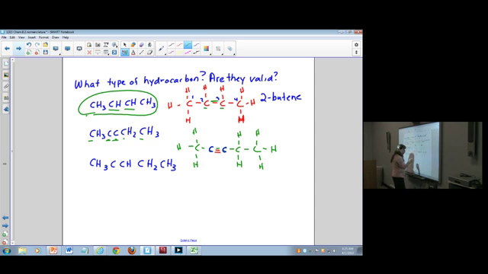Let's number our carbons. 1, 2, 3, 4, 5. And so the name of this thing is going to be, the 5 carbon name is pentyne, indicating there's a triple bond there.